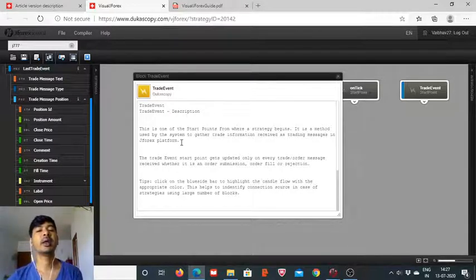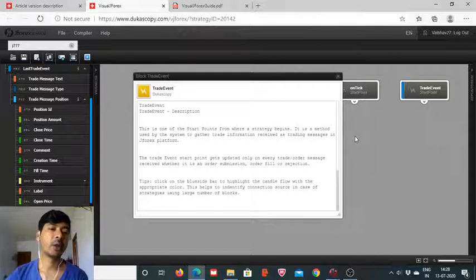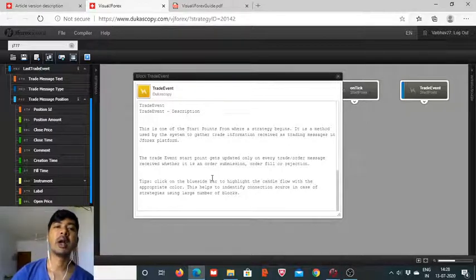So whenever there is any trade event, you can say any buy or sell or even a position closure, these messages will be generated and received here, and after processing, some new iteration will happen, and then the new action will be taken as per the logic which we have predefined. So that's how this trade event start point works.